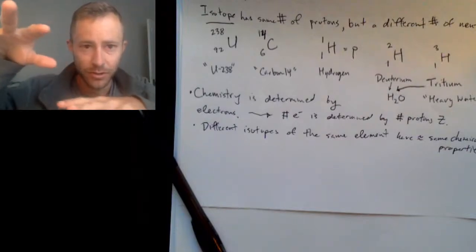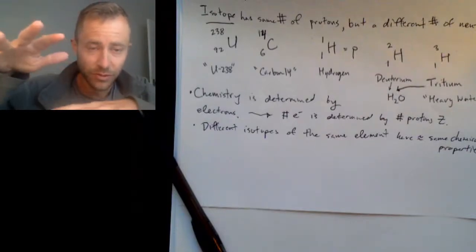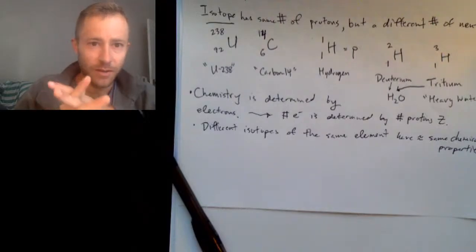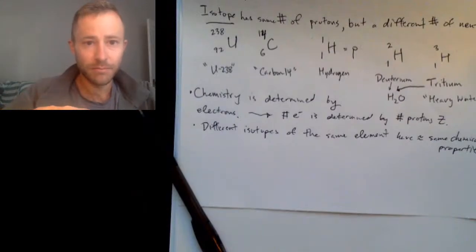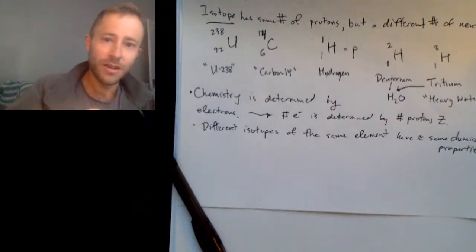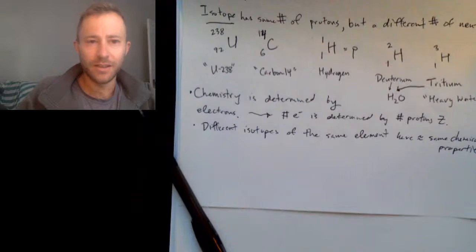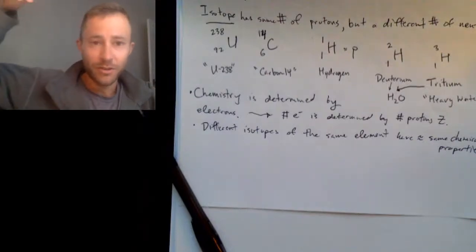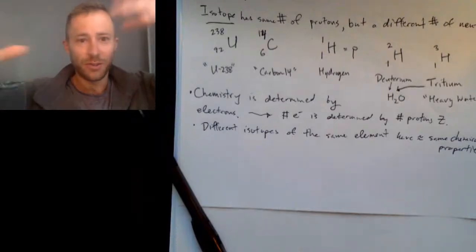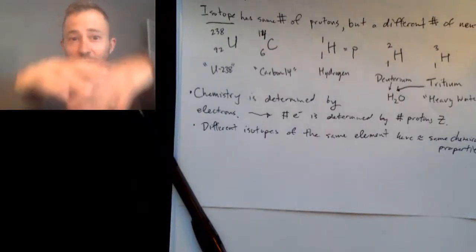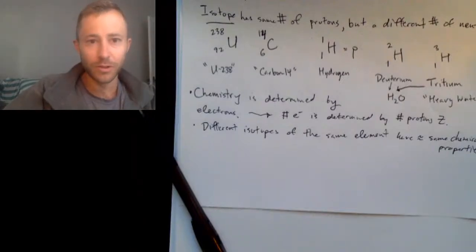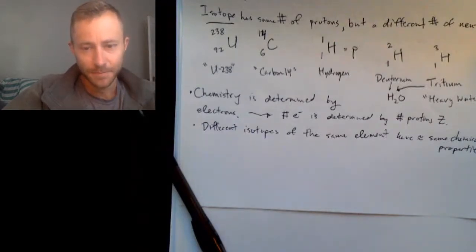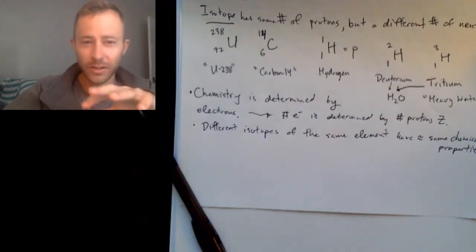So we can measure a difference in the chemistry, but it's slight. You're going to have a huge change in chemistry if you add a proton, right? Because if you add a proton, then you are adding an electron to the electron cloud, and you have these different shells of electrons, so you're adding shells of electrons, and that really changes the chemistry. But adding a neutron changes it only slightly.